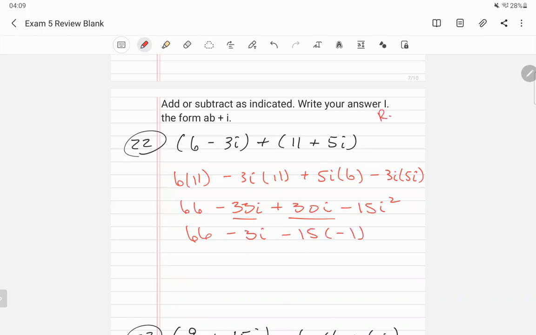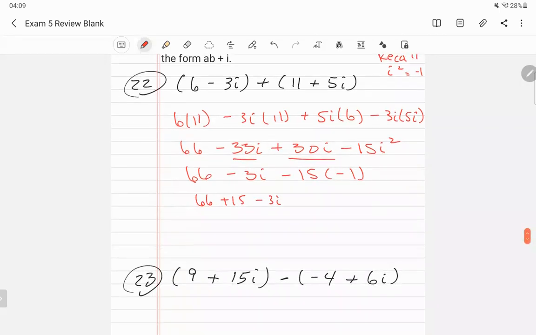So recall, write your answer in standard form. Okay. Recall i squared is equal to negative 1. So then we have 66 plus 15 minus 3i.